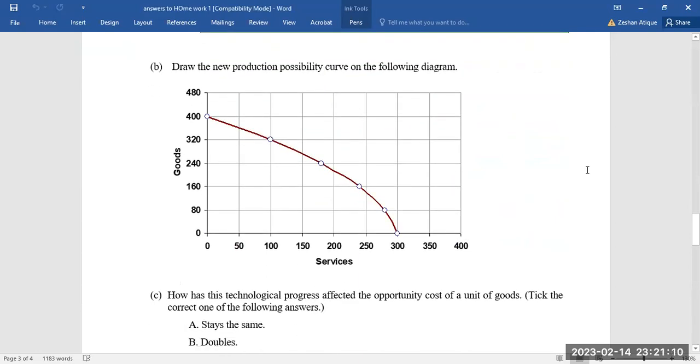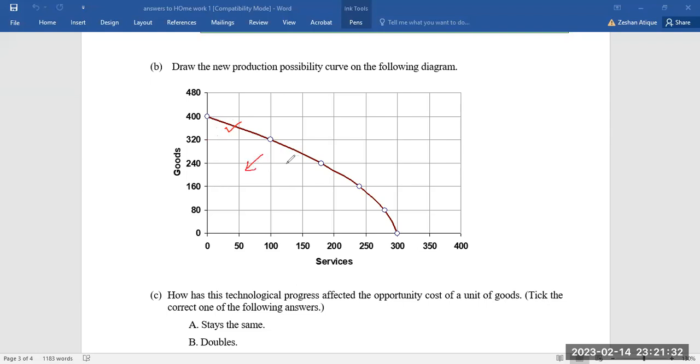Now, if you draw the production possibility frontier, the earlier production possibility frontier must be inside, somewhere here.